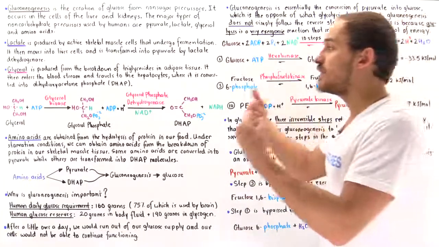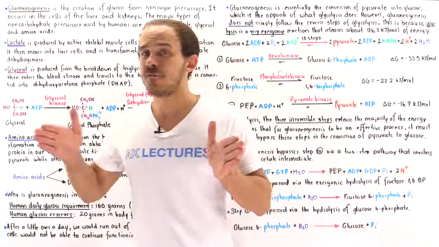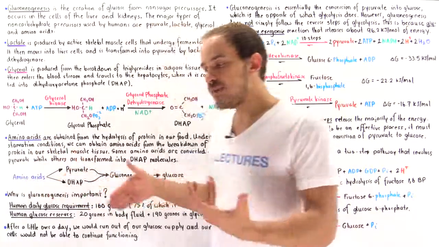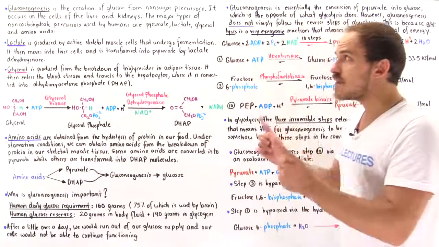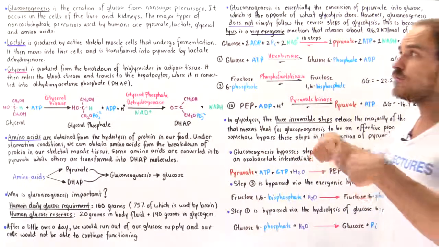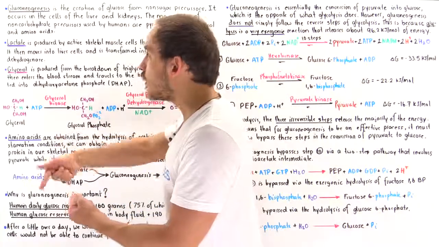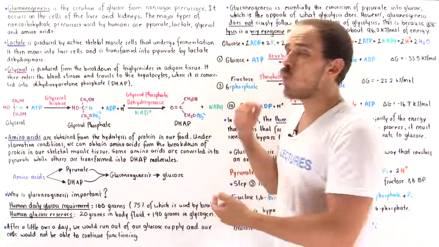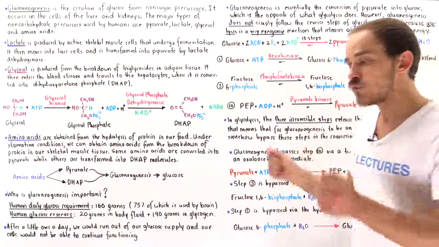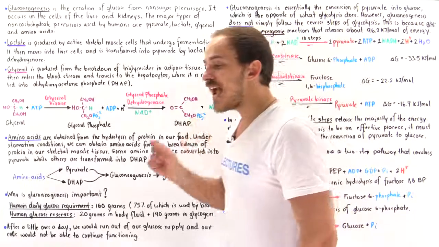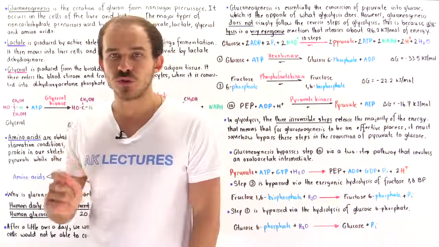It takes place spontaneously and irreversibly. So what that means is, if gluconeogenesis was simply the reverse of this process, then every time 1 mole of pyruvate is transformed into 1 mole of glucose, that would require an input of 96.2 kilojoules of energy.